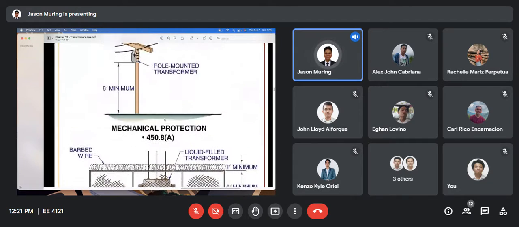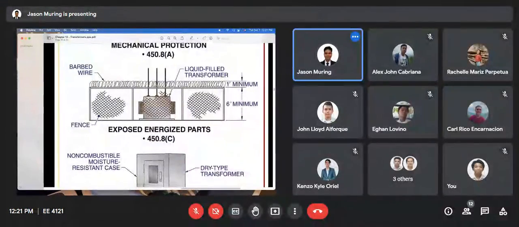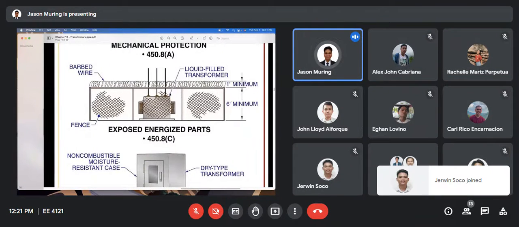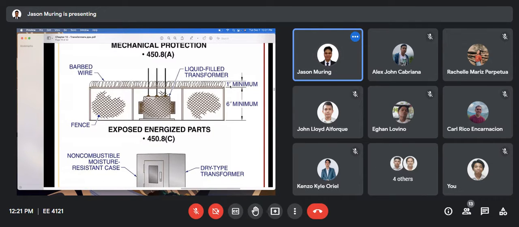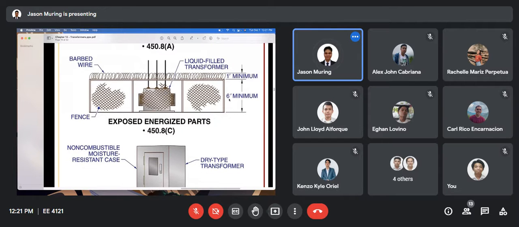Okay, then there's also a requirement for the minimum height of your fence. So we have here 1 foot for the barbed wire and 6 feet for the fence.